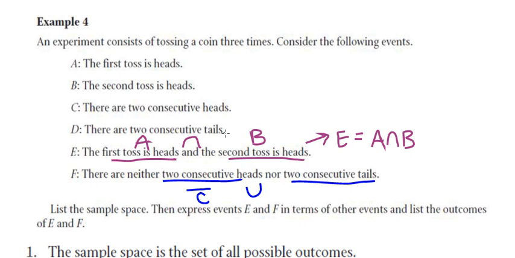So I also don't want D to happen. So I don't want C or I don't want D. So F is actually saying not C or D. So that's what it means when it says express E and F in terms of the other events. So now we're going to have to figure out which outcomes in the sample space here would fit event E and event F.